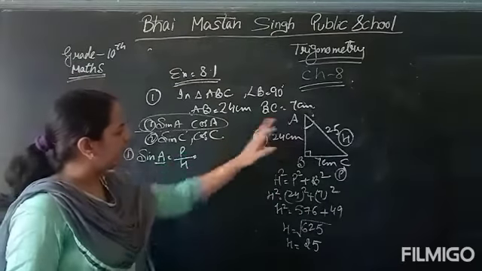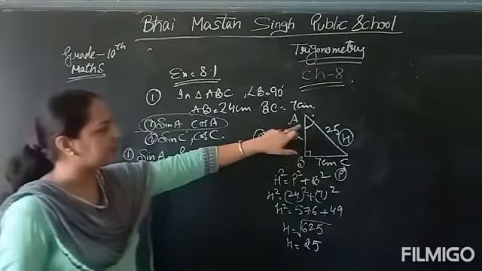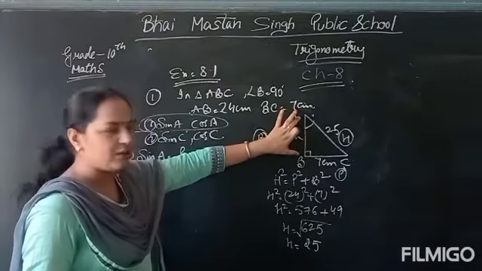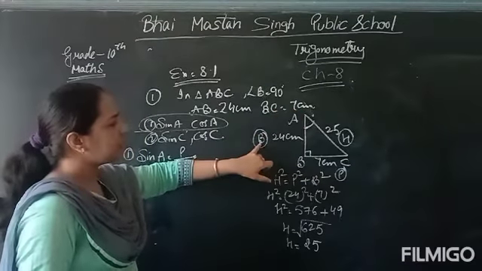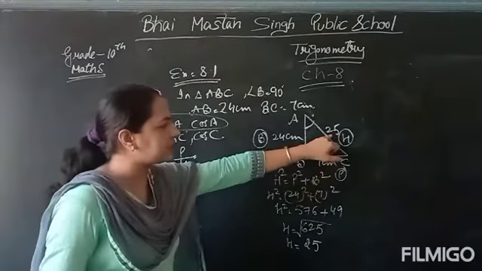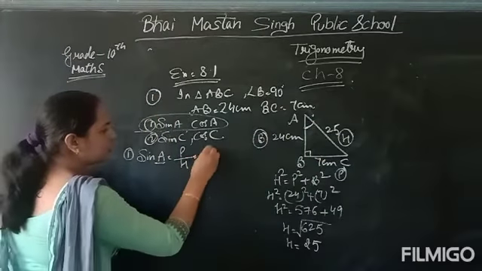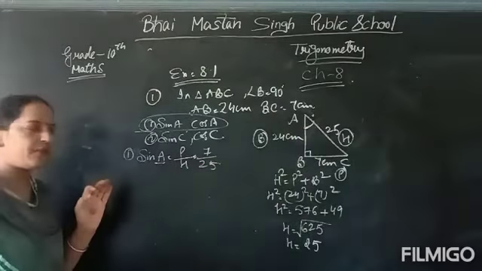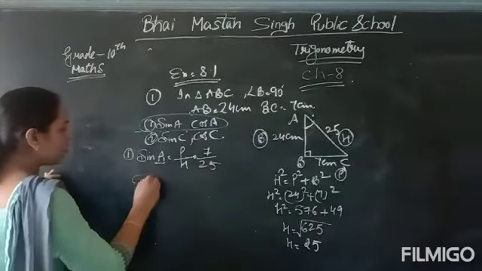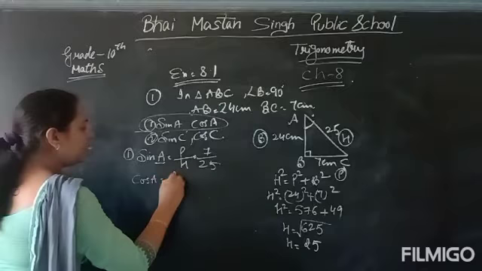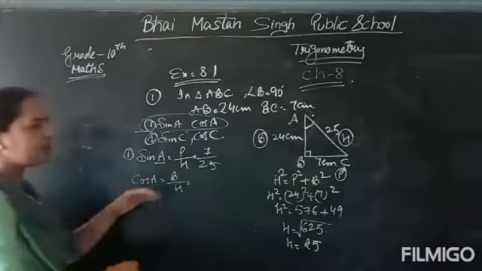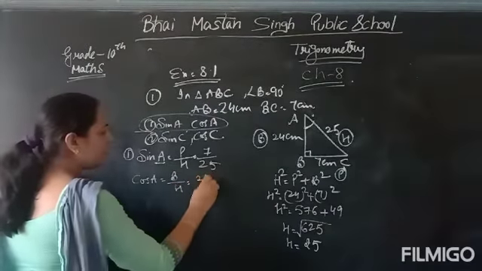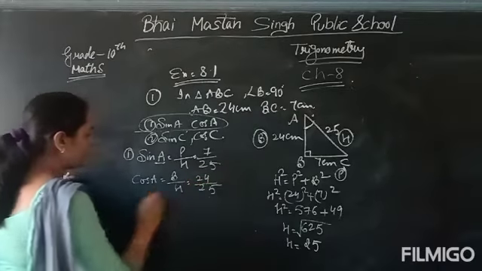So, we are talking about angle A. This side has 2 angles, so this is base, this is perpendicular, this is hypotenuse. So P upon H means 7 upon 25. Next is cos A. Cos A is B upon H. B means 24, H is 25.